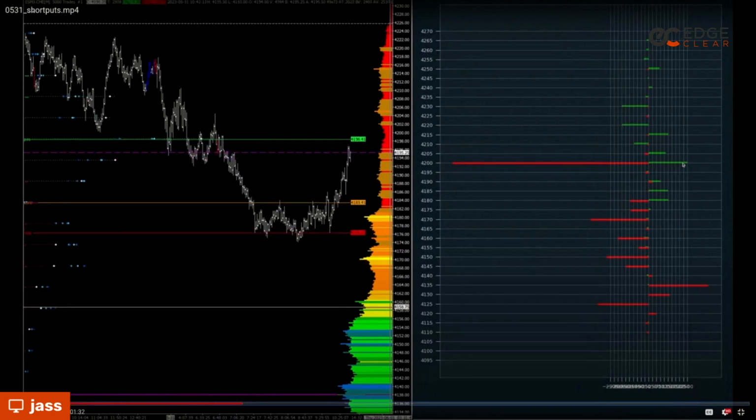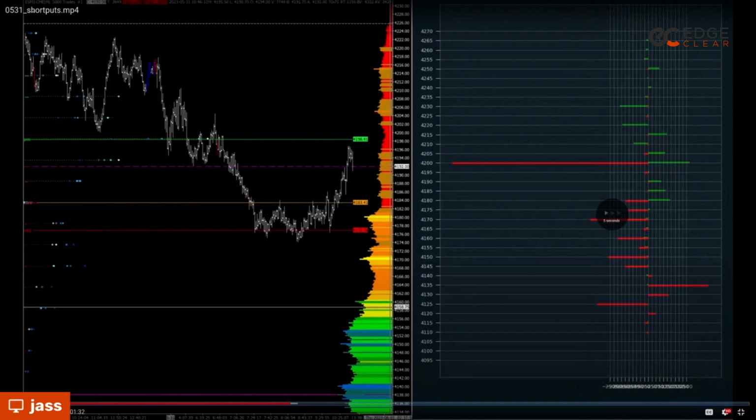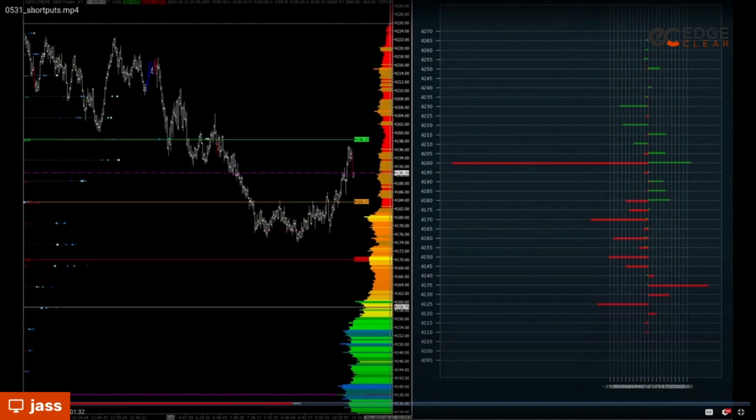Yeah. So, for instance, they just added to the 4205s there, just in the last little skip that Jesper did. So they're adding to the calls as those short puts are there and as we're moving up. And now that we're consolidating, they're adding, taking them away, adding, taking them away. Also, it seems like it's a lot less active than I would have thought.